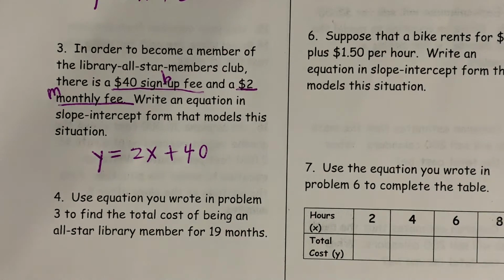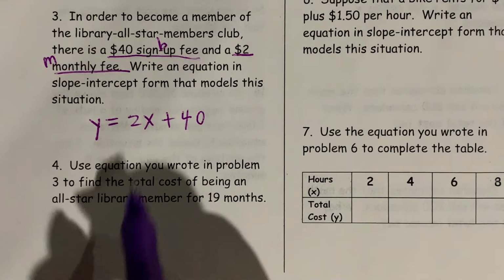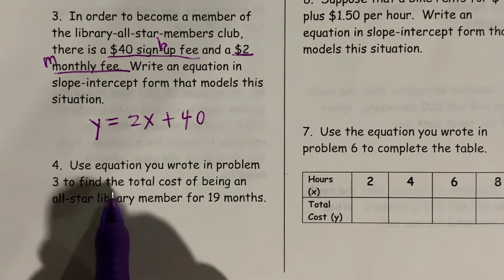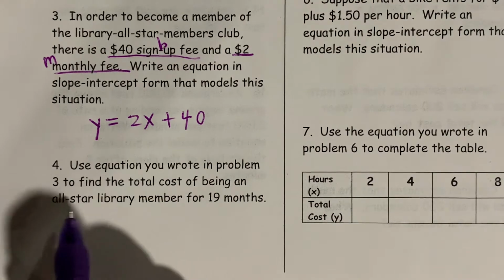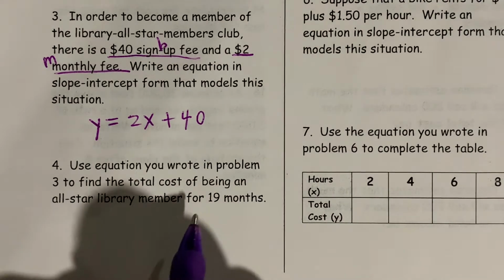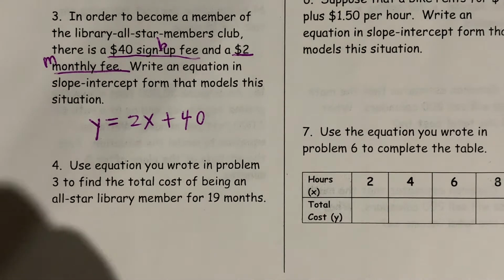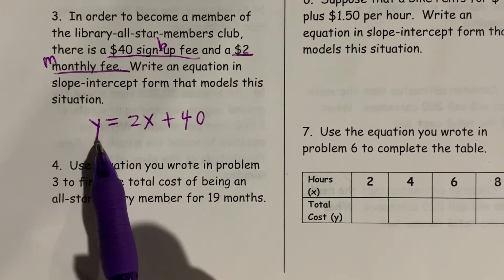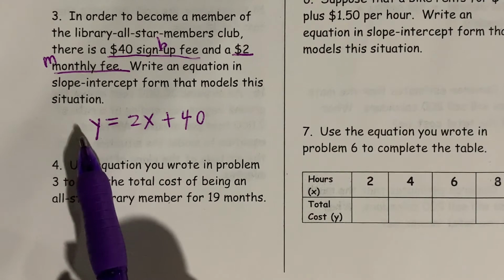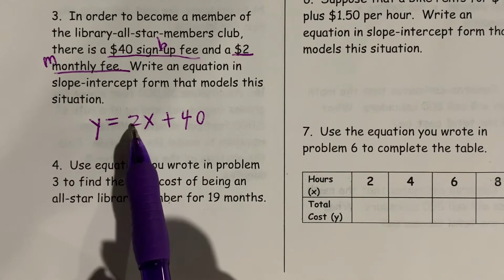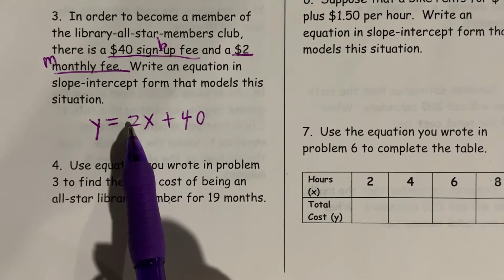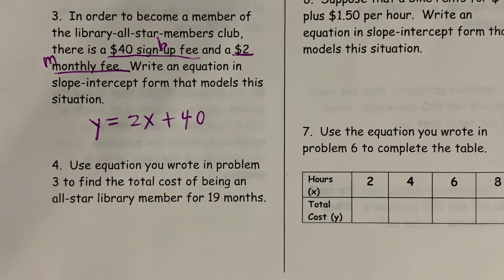Number 4 is going to have us use this equation that we came up with in number 3. It says, use the equation you wrote in problem 3 to find the total cost of being an All-Star Library member for 19 months. So we need to look at what this equation represented. The y was representing our total cost. Our total cost is equal to $2 times the number of months, because it was $2 per month plus the $40 fee.